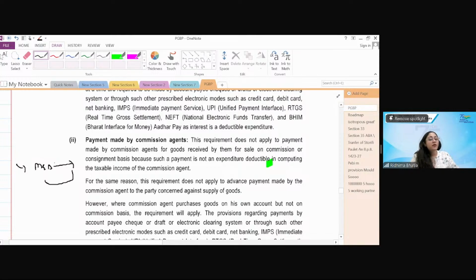Now, whatever cash payment he is making, even if it is more than 10,000, would not attract disallowance, because ultimately the cash payment which he is making is not his expenditure. It is my expenditure only. He's doing it just on my behalf, right? So when that particular expenditure is not deductible for him, then even if he's making it in cash, it does not matter.